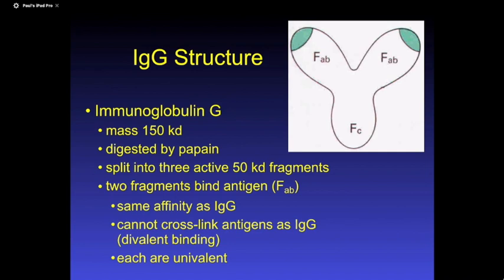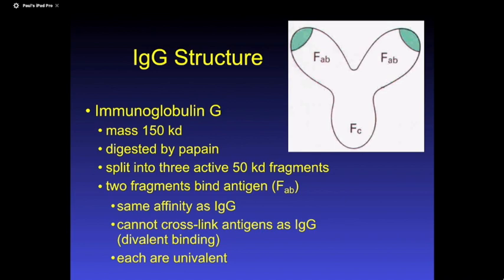The other part is the feet. The feet are what makes the different classes of antibody. Most of them are the G version, and what's called the FC region is what will tell the body what to do when it binds to something. There are different classes and different things that happen.